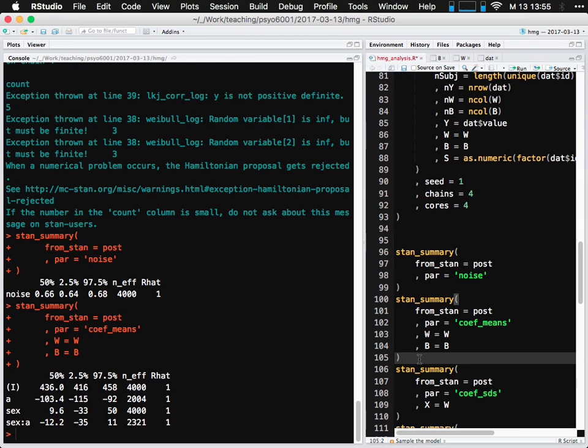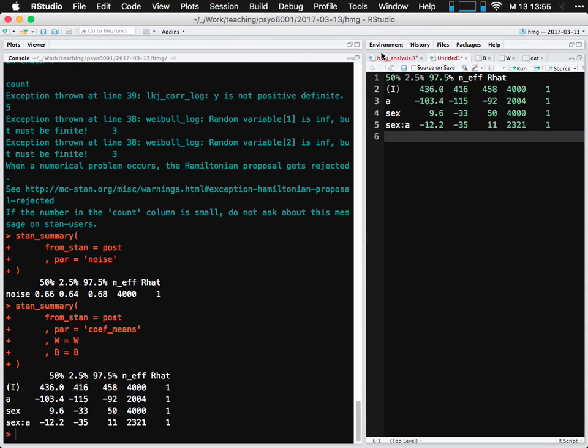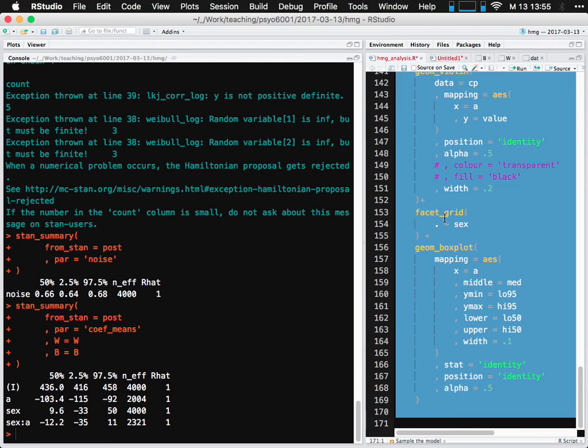So put it in a new file. And we can do a bunch of other stuff, which I'm not going to do.